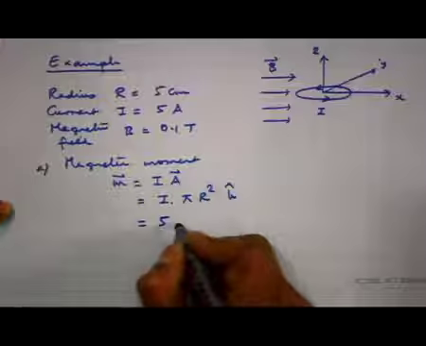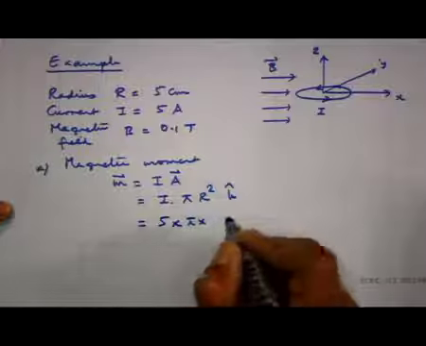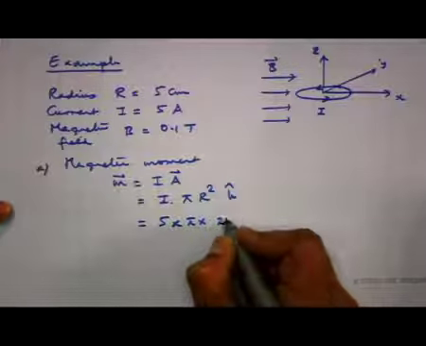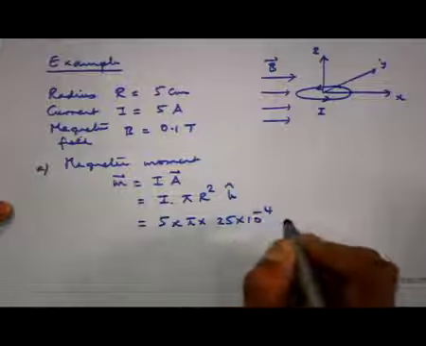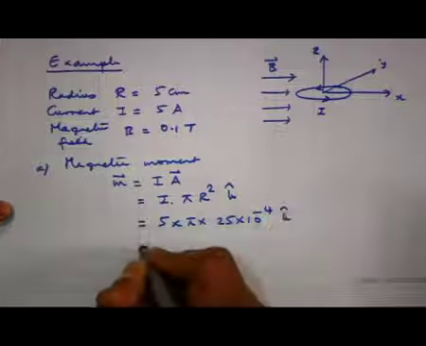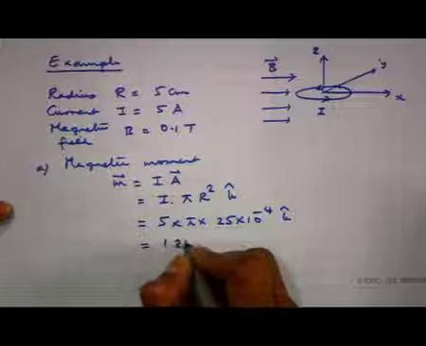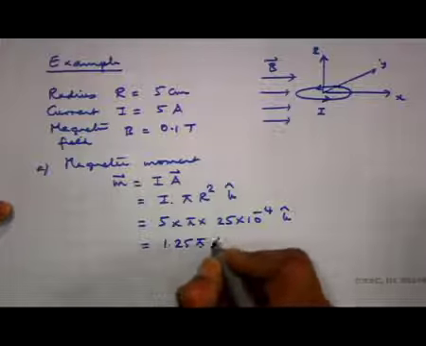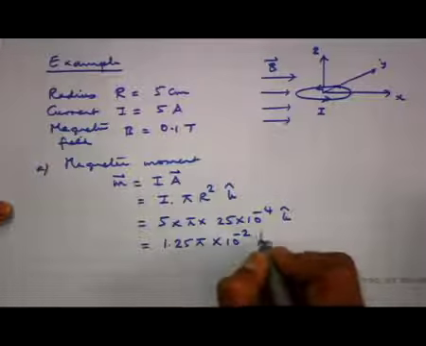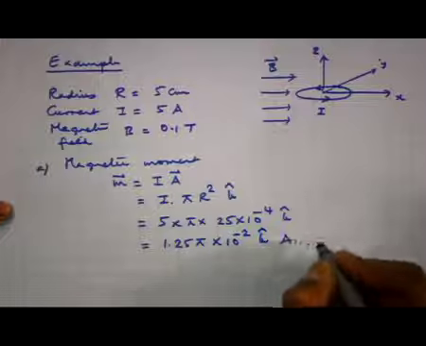So, 5 amperes into pi into r squared, which is 25 times 10 to the minus 4, k cap, and that is equal to 1.25 pi into 10 to the minus 2 k cap ampere meter squared.